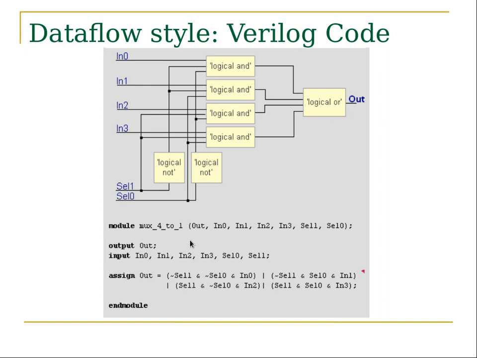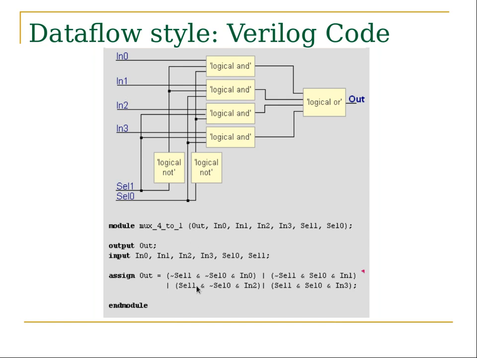Data flow is going to look a little more C-like. You have an assign. That's probably the biggest key that you're using data flow. Out equals, and then you're just going to specify everything as a Boolean expression. What does this sound like? Select 0, select 1. This is a mux. So select 0 and select 1 are inputs, and then you have other inputs as well.